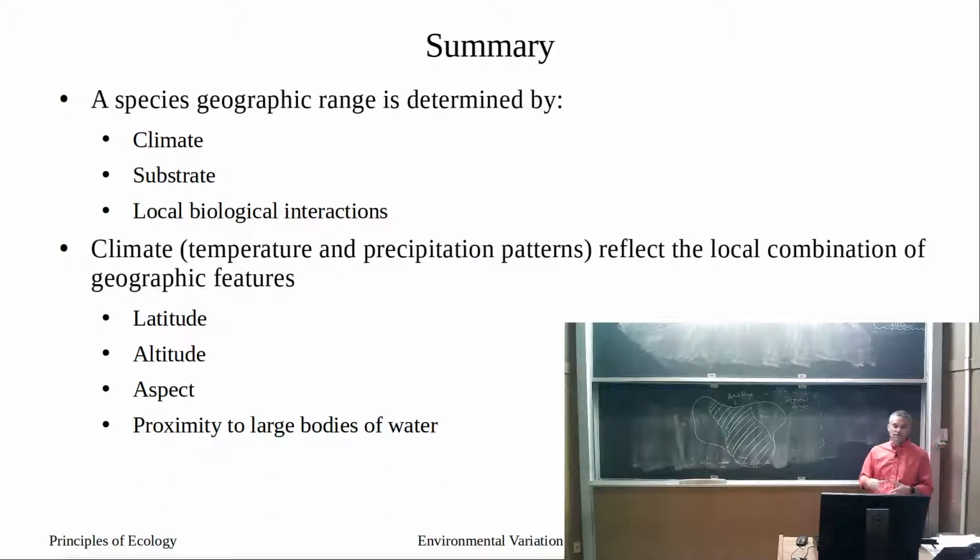So it's not just latitude, that's our broad view, but altitude is going to play a role. If we have a mountain slope, the aspect is going to play a role. Our proximity to large bodies of water is going to play a role. These are things we already talked about, and how they affect our climate.